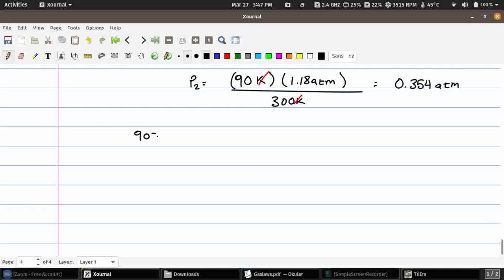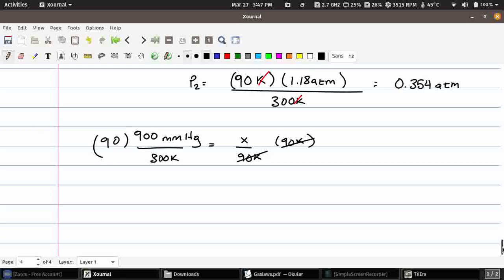Now I'll show you that you could do the same thing in millimeters of mercury. So we have 900 millimeters of mercury. We just still have to use kelvins. Equals X over 90 kelvins. So we multiply by 90.